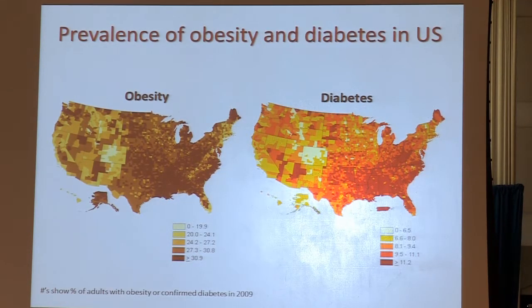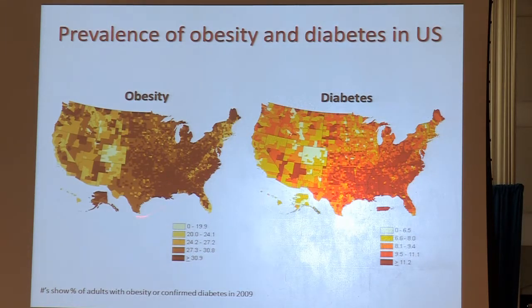So we've seen this many times. We know that we're in an epidemic of diabetes in the United States and other westernized societies. There's a close relationship between obesity and confirmed type 2 diabetes patients. These are 2009 numbers from the CDC.